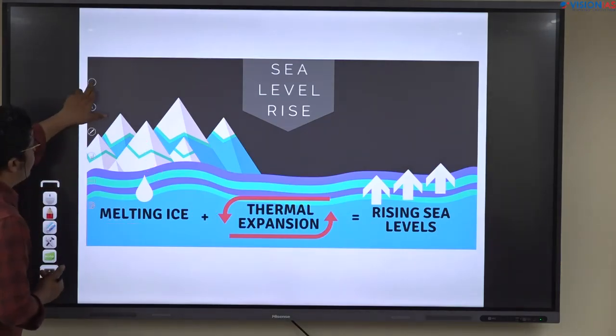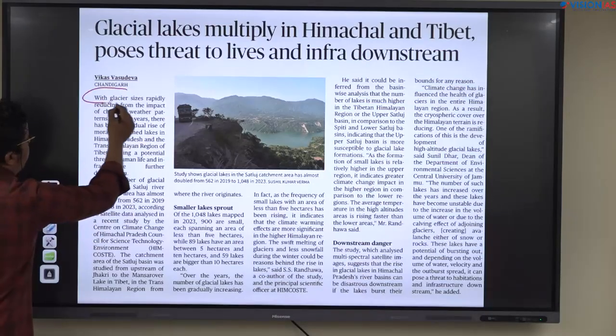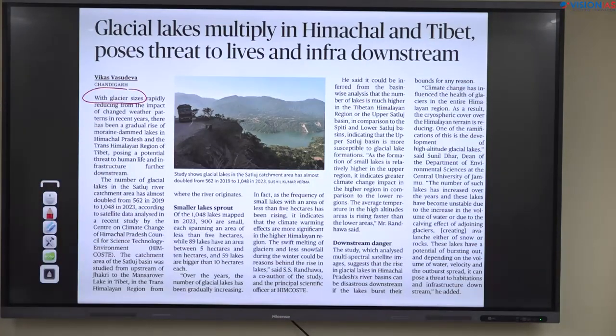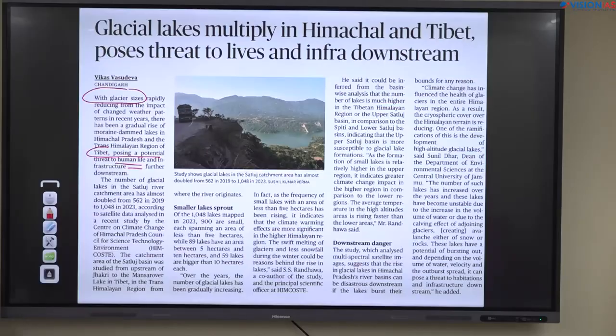Look at this example. A recent article: glacial lakes multiply in Himachal and Tibet. All over the Himalayas, the size of these glacial lakes is increasing. So glacial lakes pose a threat to what? To human life. Because these glacial lakes can release a large amount of water and bring floods in hilly regions. Just imagine there is a glacial lake.